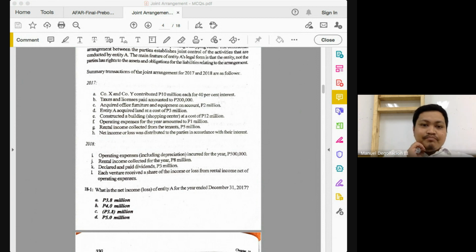So rental income is 5 million, and then taxes and licenses is 200,000, and then operating expenses is 1 million. So total expenses would be 1,200,000. Okay, and then deduct that from your rental income of 5 million.